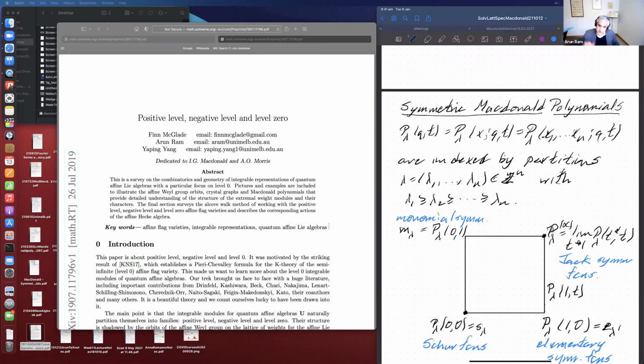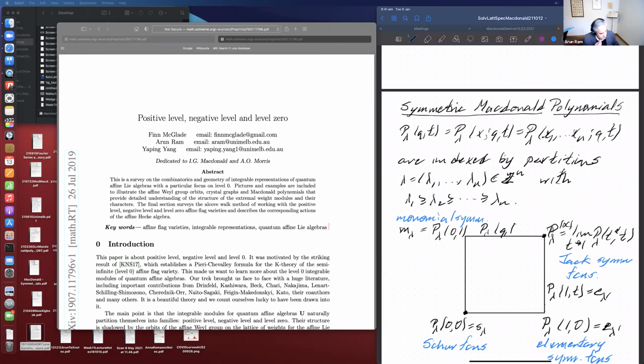So it's constant all along that right-hand axis. And the similar thing is true up here: if I look at t equal 1 and q arbitrary, this is still the monomial symmetric functions.